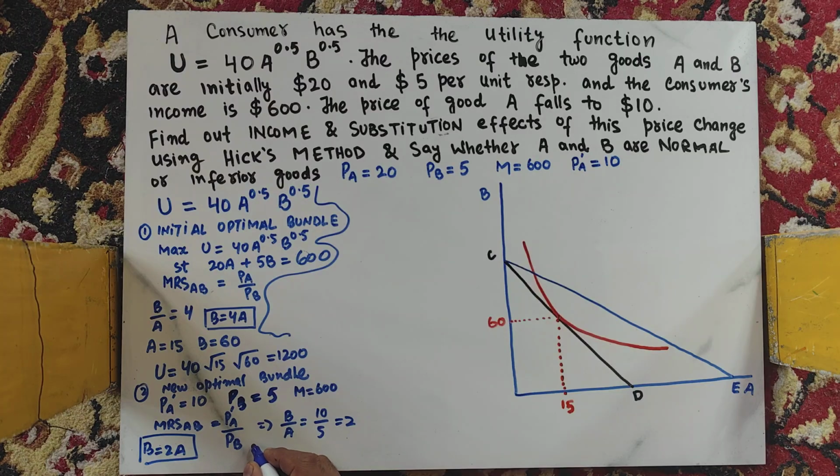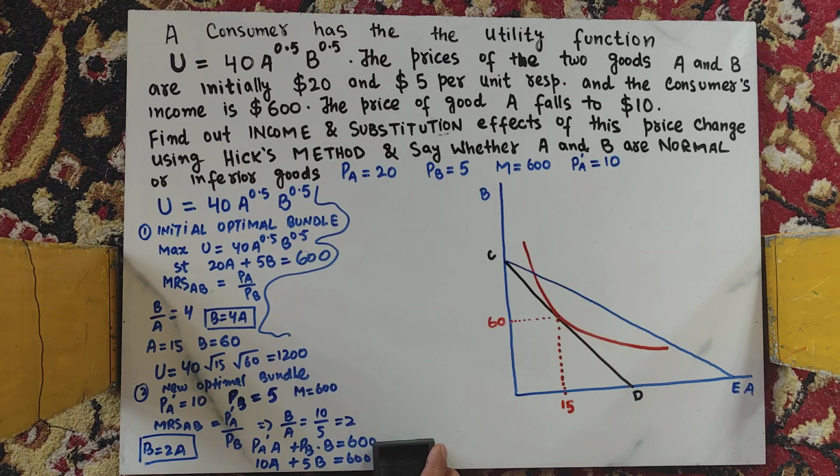That will be price of good A times units of good A plus price of good B times units of good B, which should be equal to the income of the consumer, which is 600. The price of good A is this time 10, so we have 10A plus 5B equal to 600. Now plug in B equal to 2A.